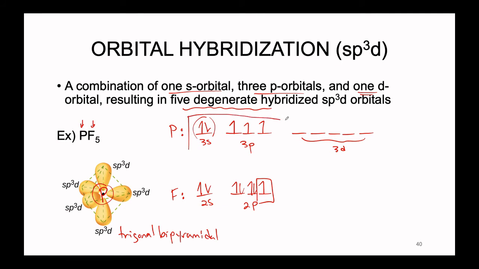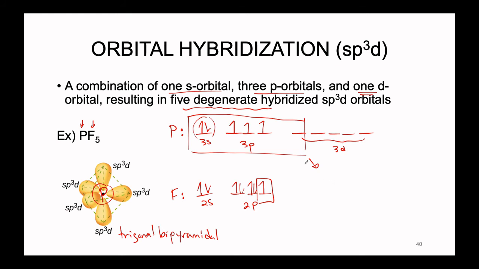This is where we need this one unfilled, this one empty d orbital. It is nearby in energetic space. Just because it's empty doesn't mean we can't use it. So we're going to bring this d orbital, just one of them, into the mix.